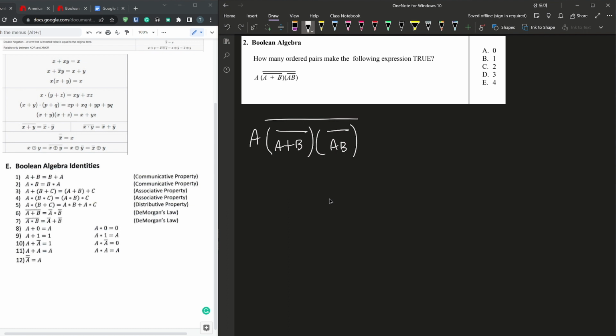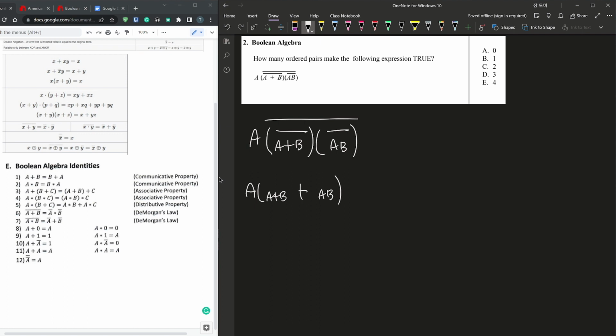So if we use De Morgan's law, turning multiplication into addition, we can say a not, a plus b, parentheses obviously, plus not ab. We know that a not just cancels. Okay, so we have that.